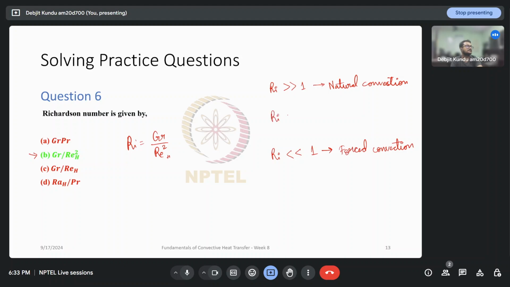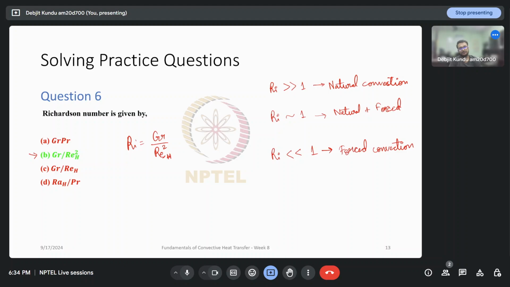And where the Richardson number is close to 1, we can say that both natural and forced are important. So it really tells us which mode of convection is more dominant in a particular situation.